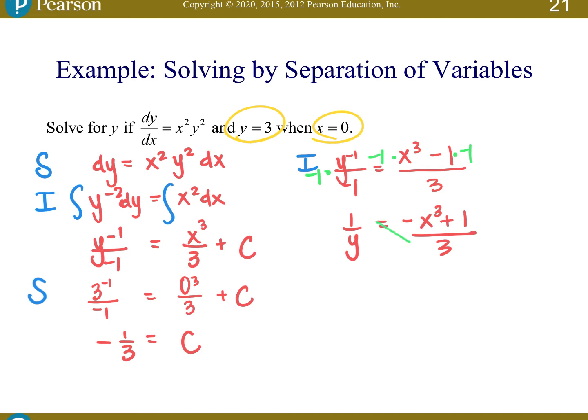So we cross multiply, and we get 3 equals parentheses negative x cubed plus 1 times y. And y is almost by itself. I just have to divide. So y by itself would be 3 divided by negative x cubed plus 1.